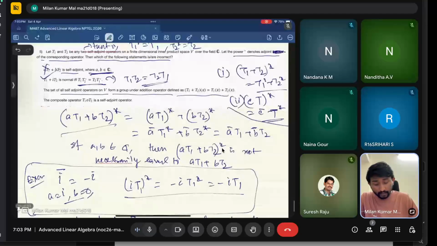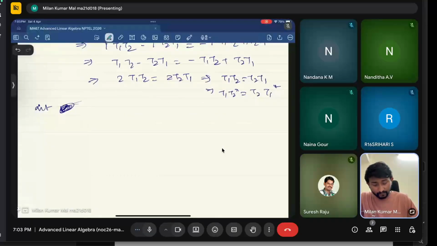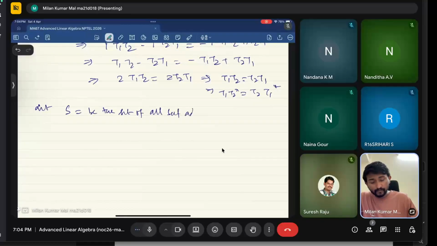So self-adjoint operators, I'll write let S be the set of all self-adjoint operators on the inner product space V. Okay. The question is whether this forms a group or not, with the addition.